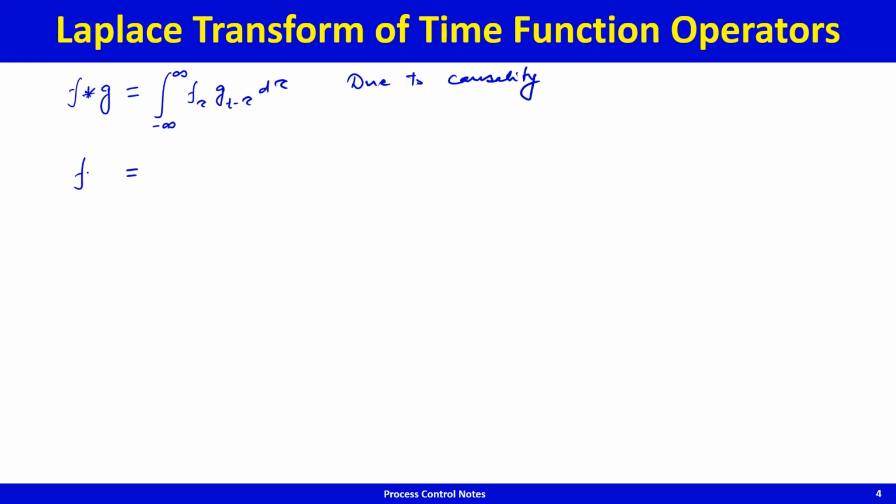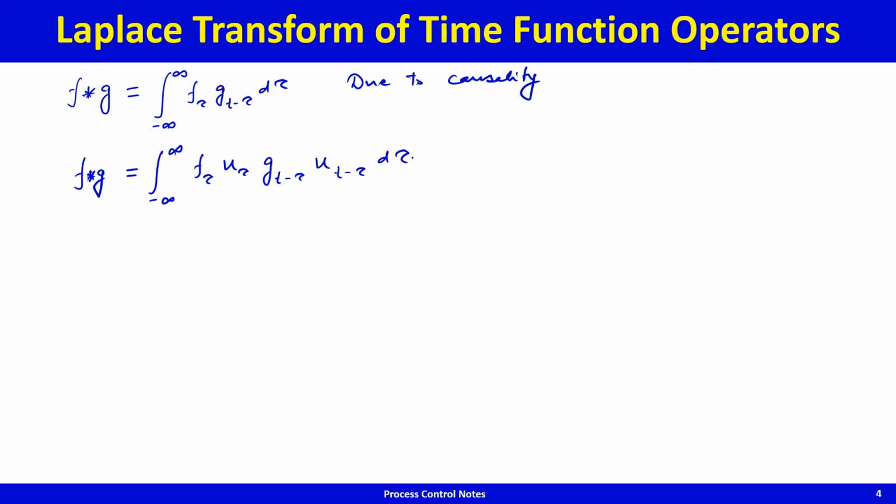you say f star g is going to be integral minus infinity to infinity f of tau u of tau, so that when tau is less than 0, f is forced to go to 0. U is the unit step function, and g of t minus tau into u of t minus tau d tau.